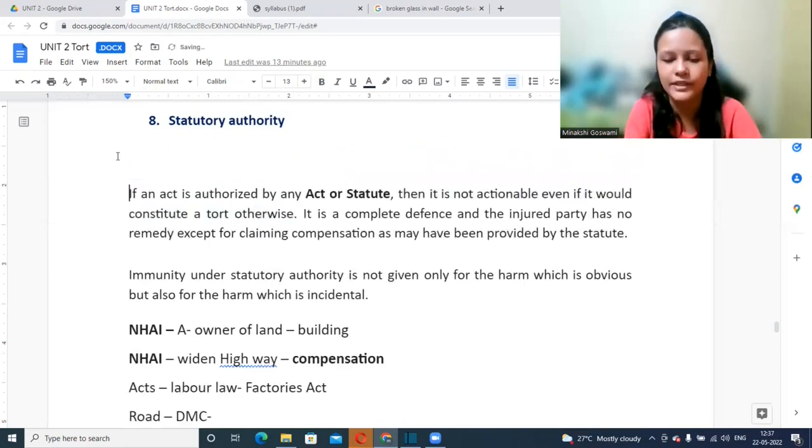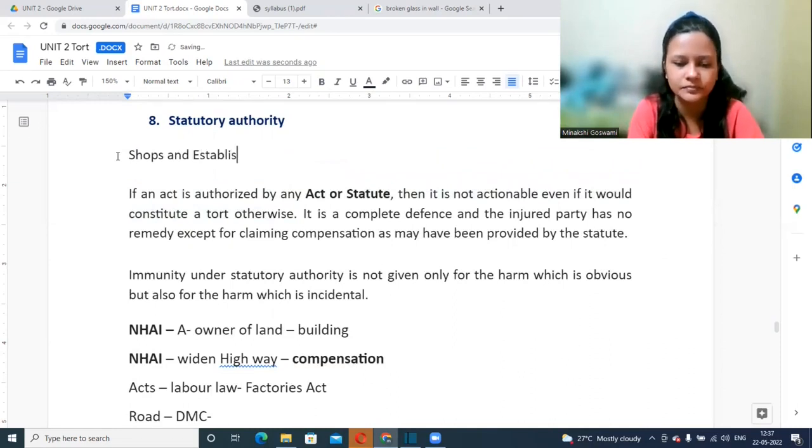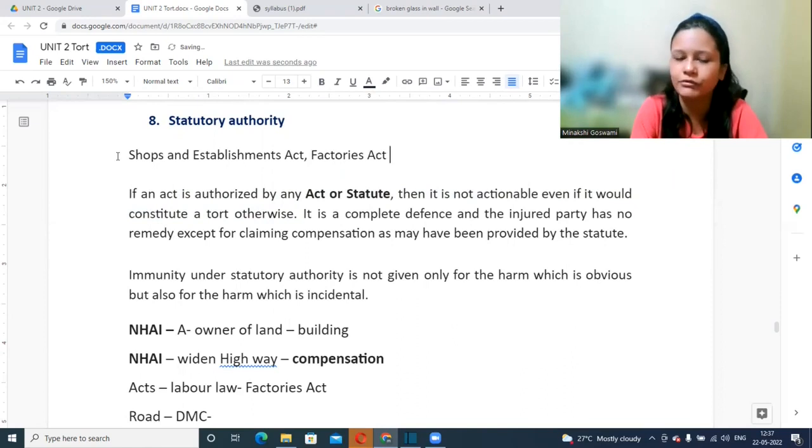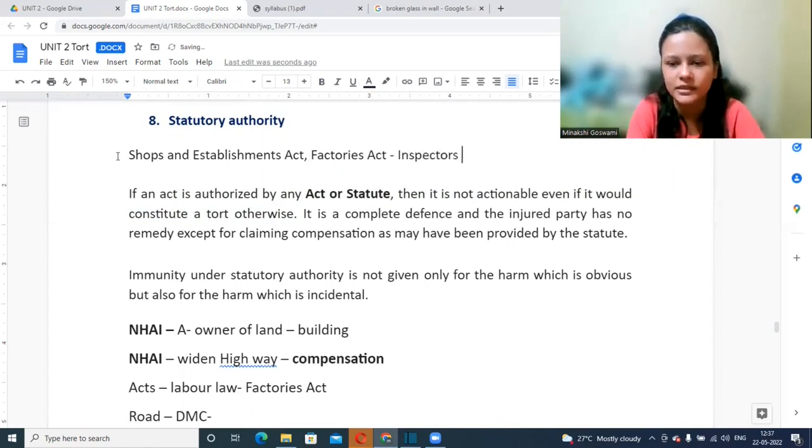Take for example, there are some legislations like the Shops and Establishments Act and the Factories Act. Under the Factories Act, some inspectors are appointed, and they are told that they can enter any factory without permission during working hours to see if they are following the guidelines or not.